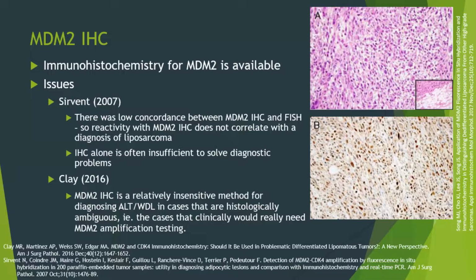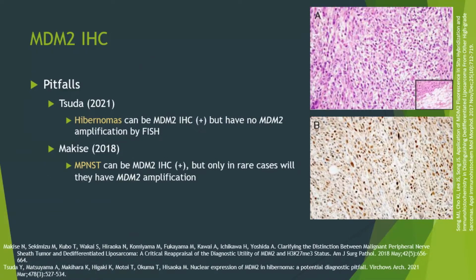They found that there was poor sensitivity of MDM2 IHC for atypical lipomatous tumor, well-differentiated liposarcoma, with FISH as the gold standard, and only half of the cases stained for MDM2 or CDK4. So in short, in clinical practice, MDM2 IHC may not be sufficient to diagnose atypical lipomatous tumor or well-differentiated liposarcoma. There are also some potential pitfalls with MDM2 IHC.